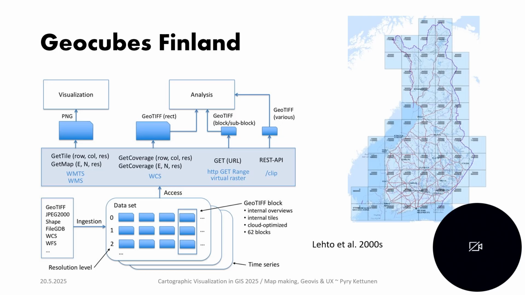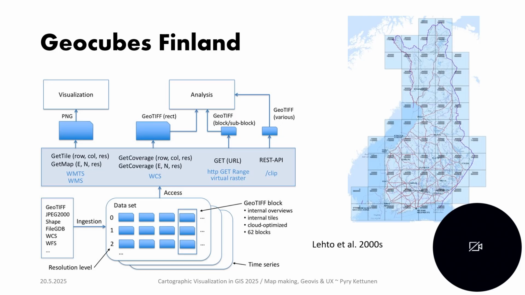But geoinformatic APIs are essentially access to the data all around the world even, and in the internet.